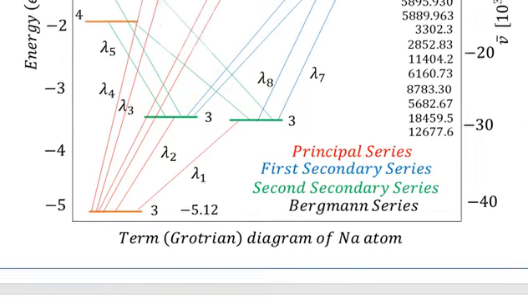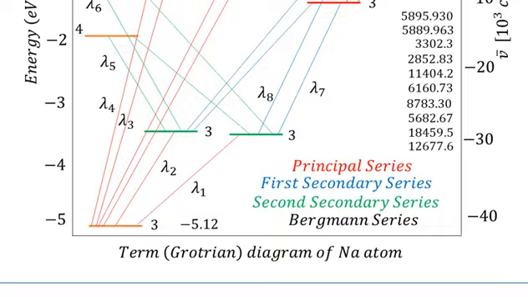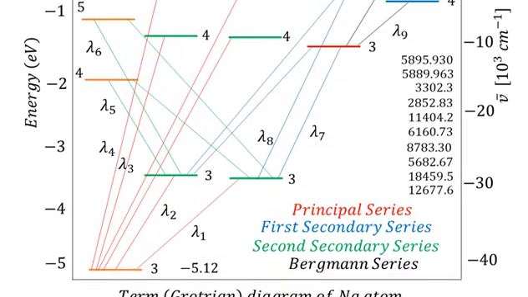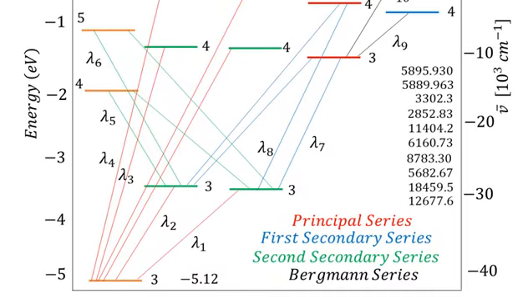Here is the first secondary series. The lines are shown in blue, and all the lines show that the transitions from the higher D states to the P states will take place and will give you the levels corresponding to the second secondary stage. So from the higher D levels to the P levels with n equal to 3.